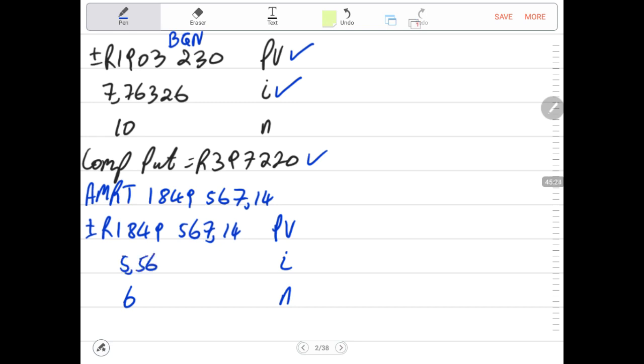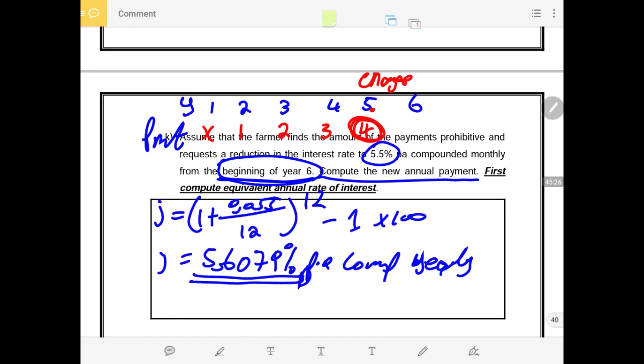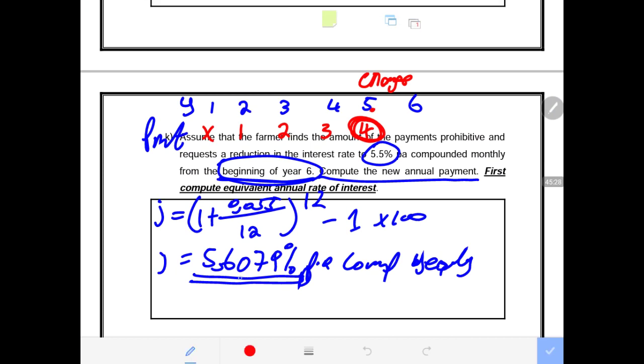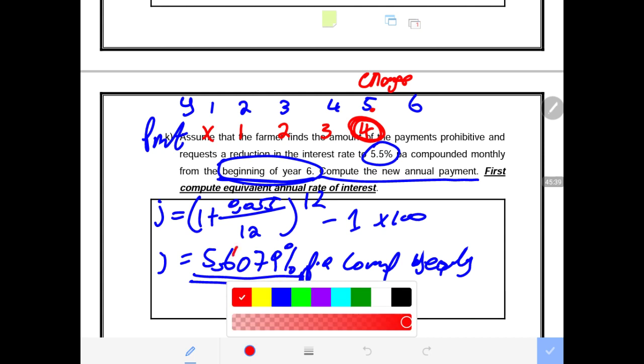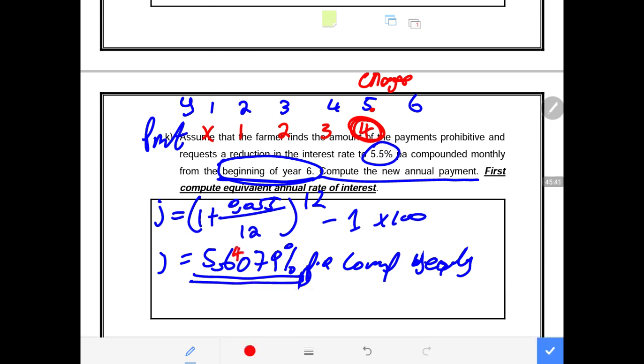5.560 something. We calculated our new interest rate 5.56. I just want to verify that. Yeah, there's something that I did not write there. I hope I did not inconvenience you. 5.64079.